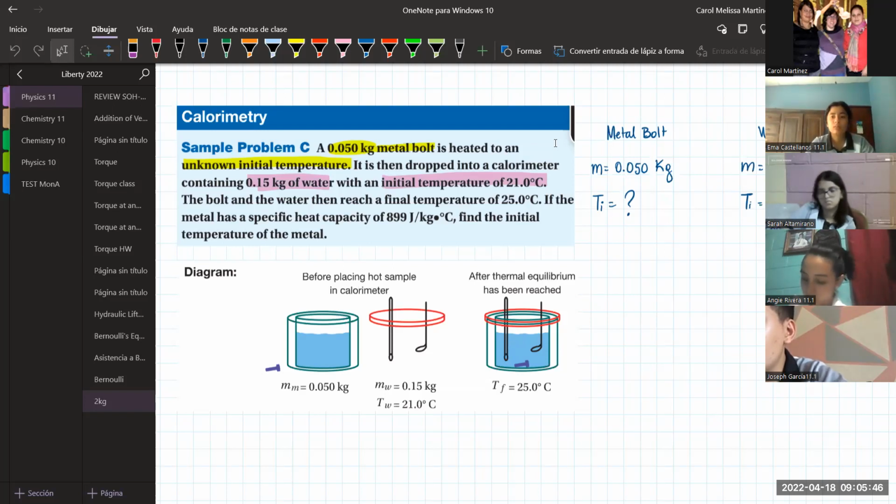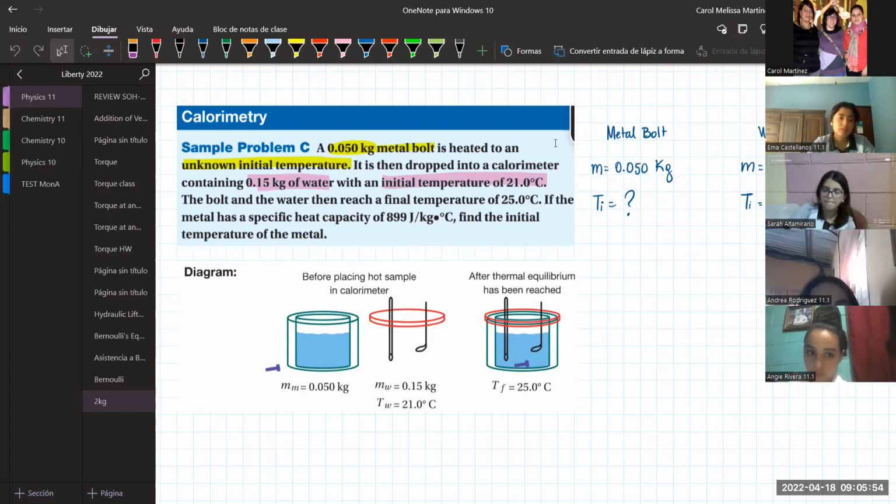What else do I know about water? The final temperature of both. Of both, and that's important. What you said is exactly what I wanted you to say. The bolt and water, the two of them now combined.